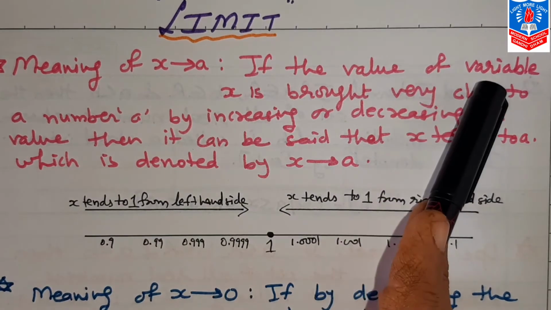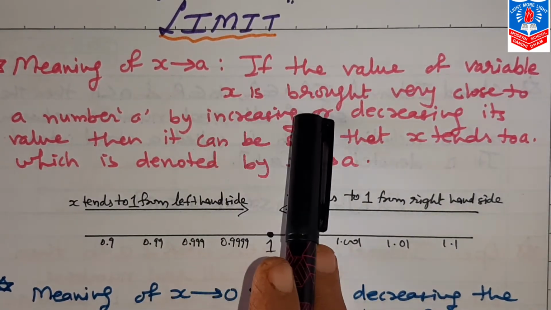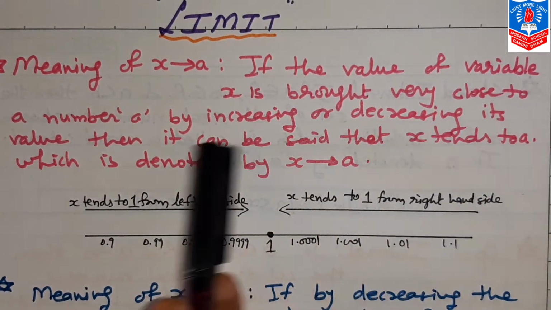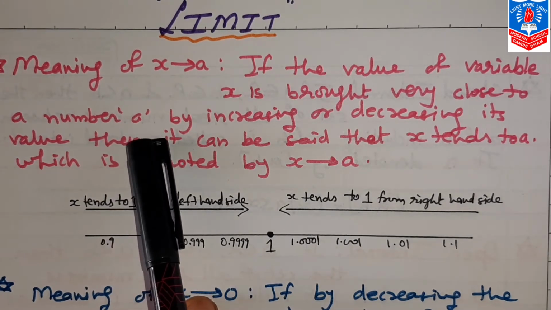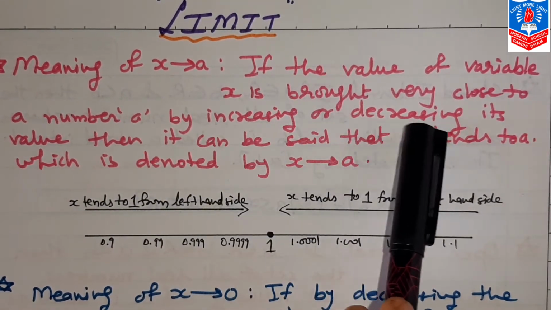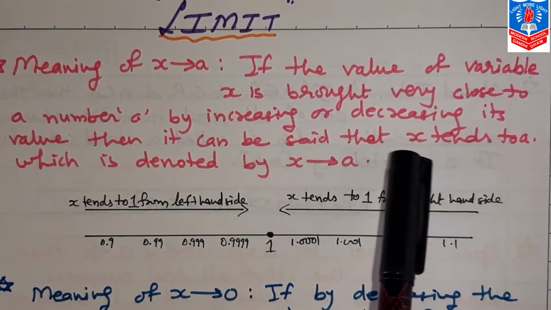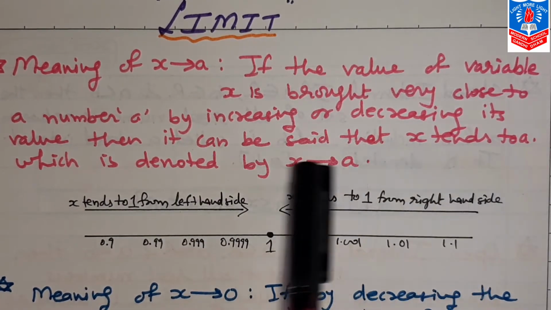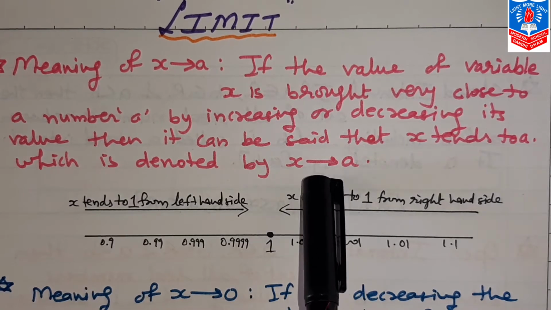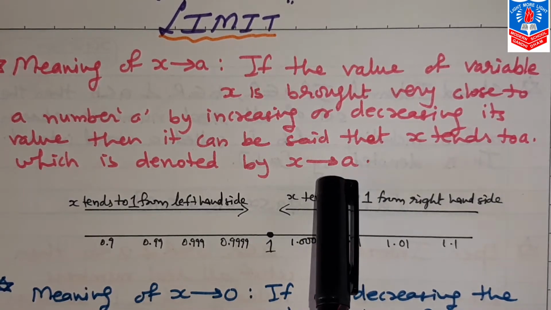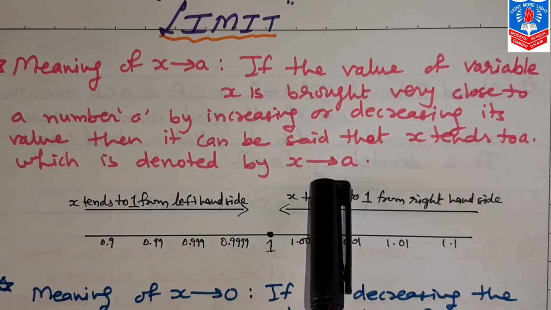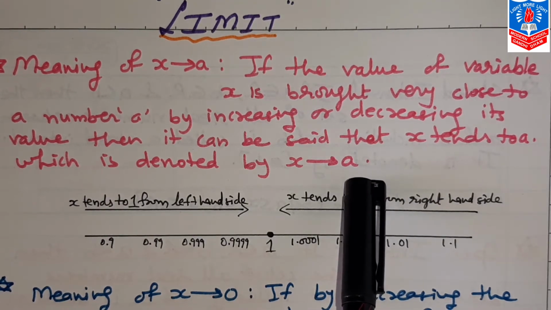If the value of variable x is brought very close to a number a by increasing or decreasing its value, then it can be said that x tends to a. How do we write it? You know very well, this is the sign of tends to a.